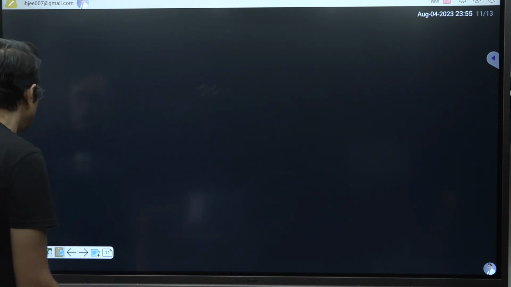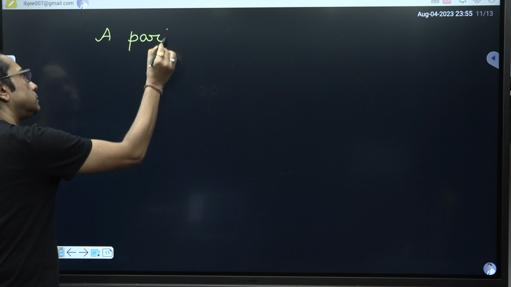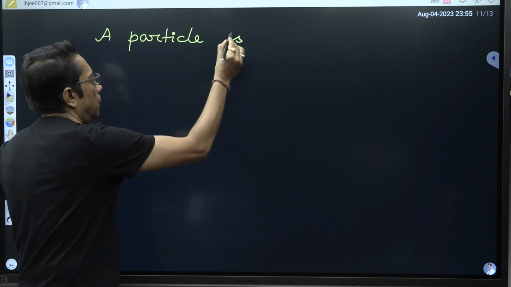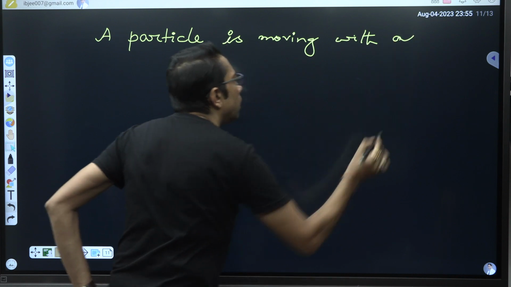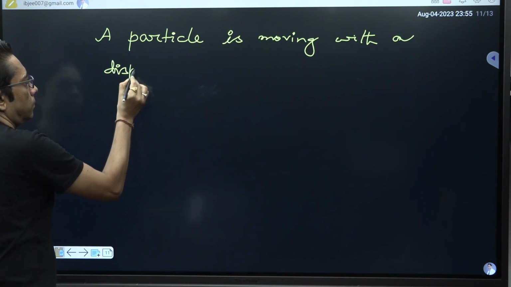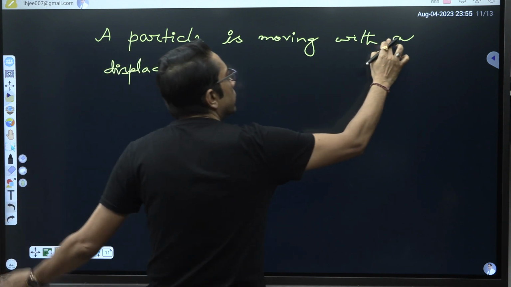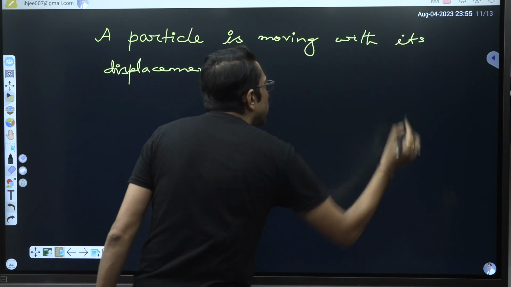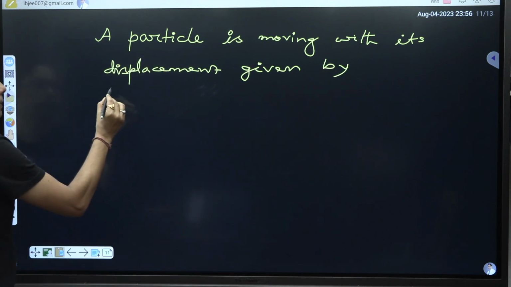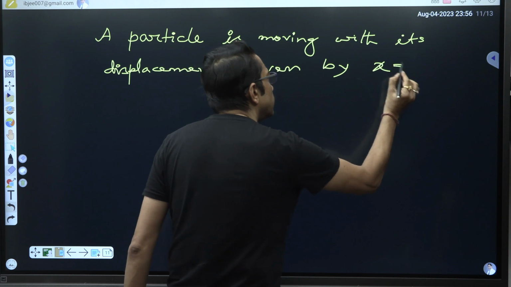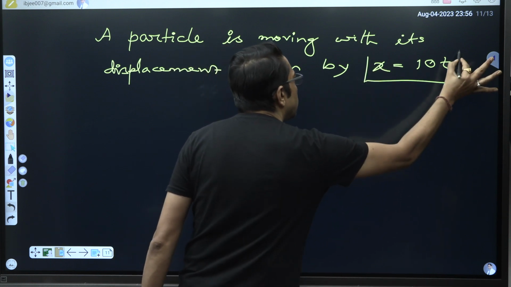Not to worry. Chalo, focus on the sum. Write: a particle is moving with its displacement given by x equals 10t.